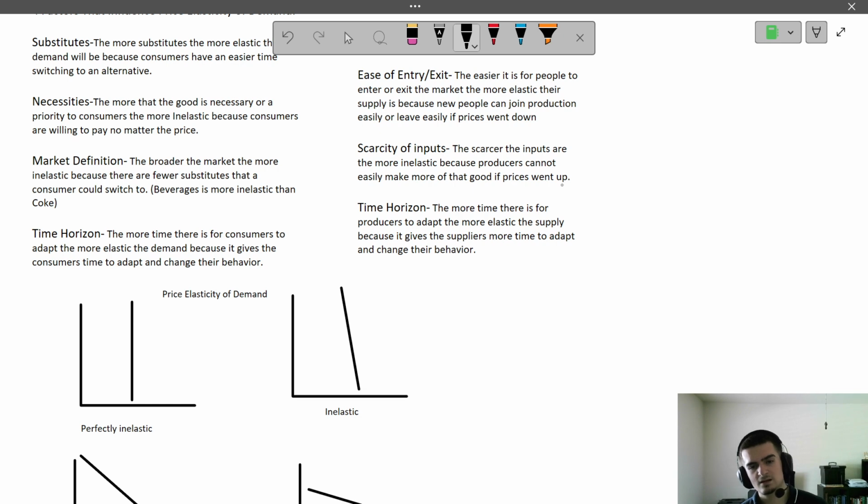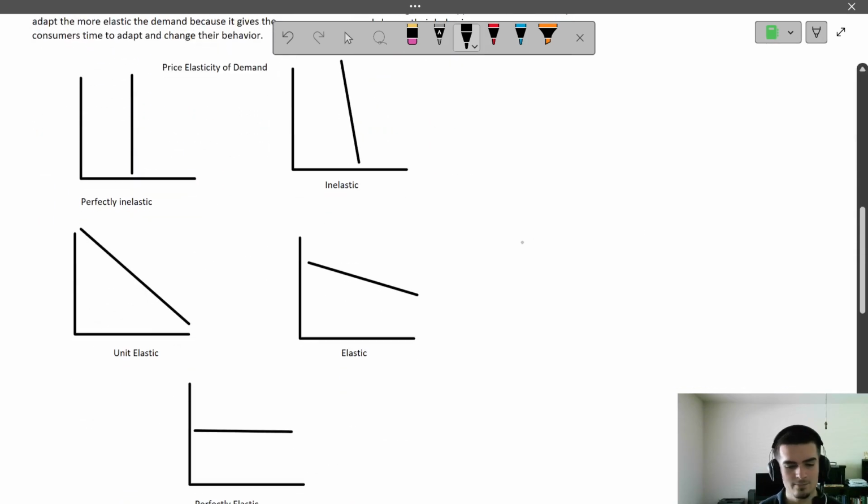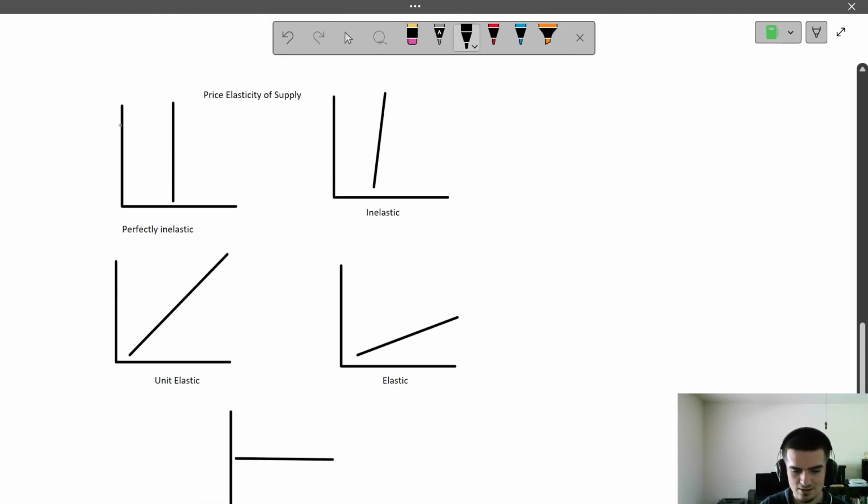If everyone knew that tires were going to become worth a whole lot more in the next 5 years, then our society, because it has 5 years to adapt, is going to learn how to make more tires and capitalize off that increase in price. So, yeah, that's a weird example. I apologize.